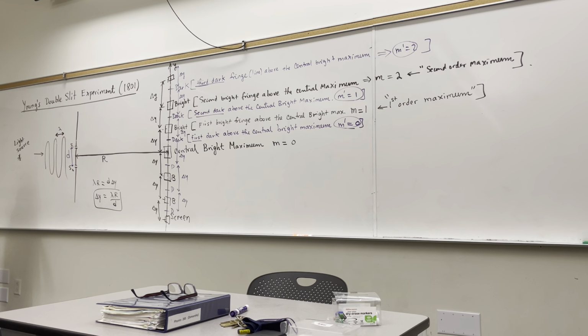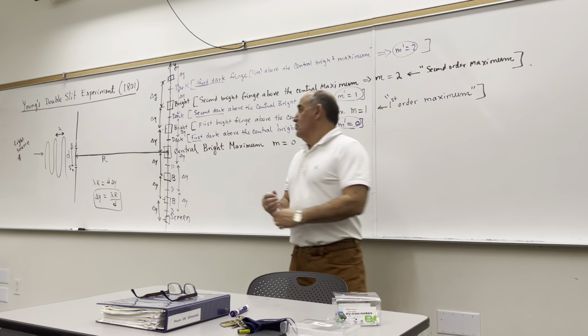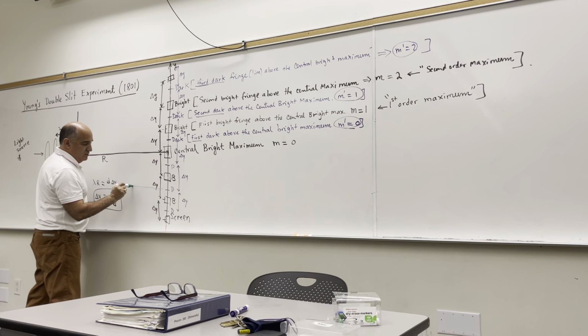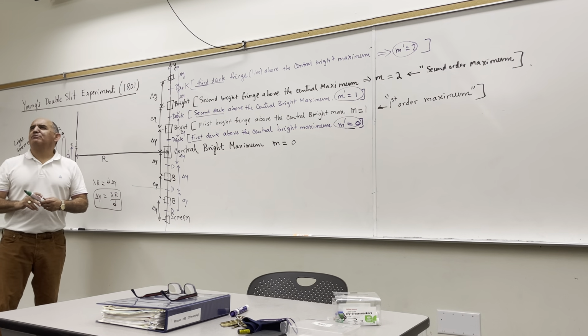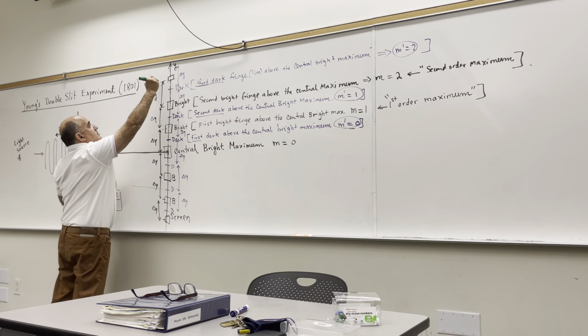So for example, let's say you're solving a homework problem, and it tells you, what is the distance from the second dark fringe below the central bright maximum? Second dark below. So that means from first dark, second dark, to the third bright above: 1, 2, 3 to here.